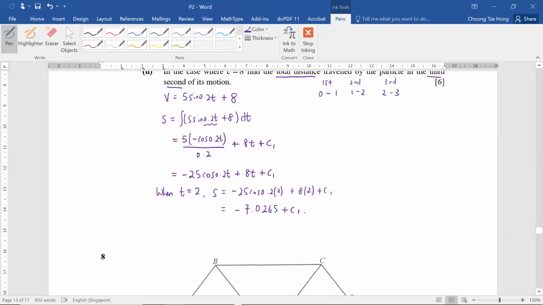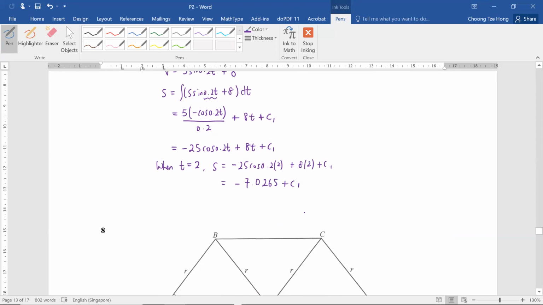We'll just leave the c1 there for a while. Then when t equals 3, s equals negative 25 cosine 0.2 times 3 plus 8 times 3 plus c1. Now you will get 3.3666 plus c1. This is the position at time t equals 2, and this is the position of the particle at time t equals 3.